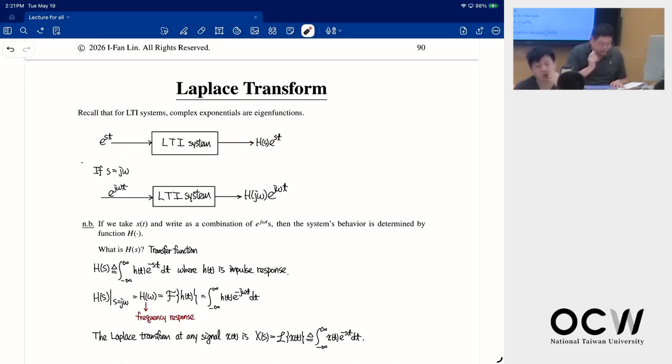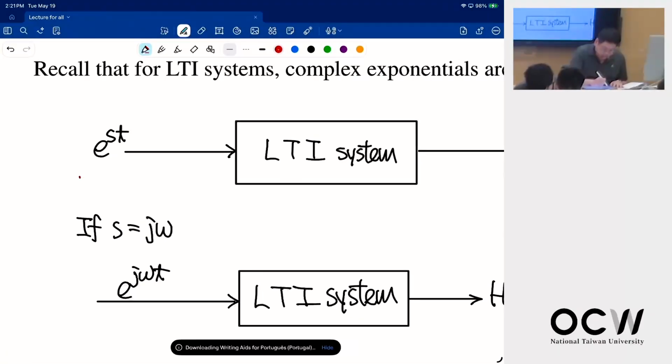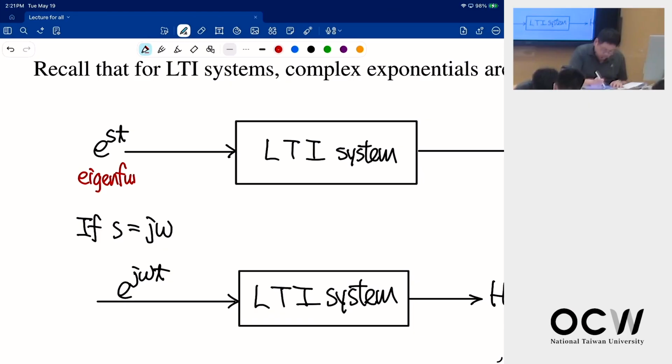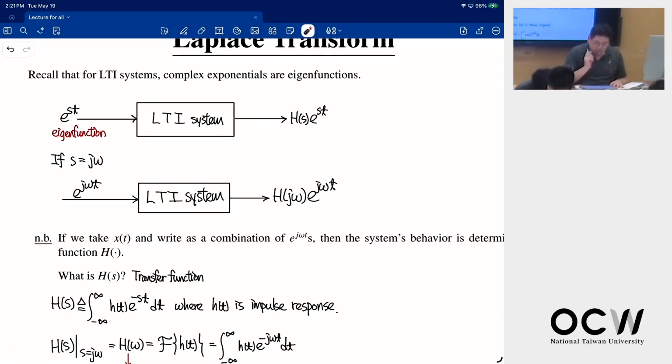So this is an eigenfunction, and H of s, the transfer function, is the eigenvalue.